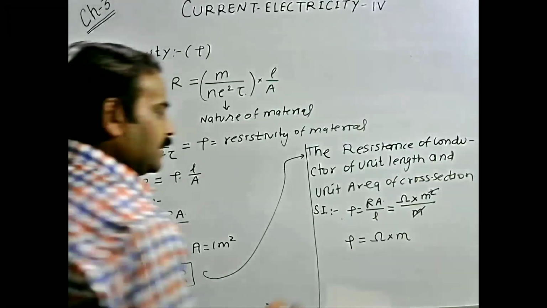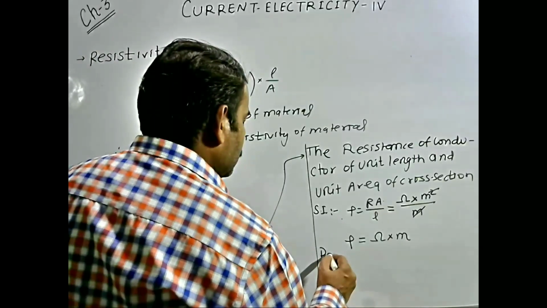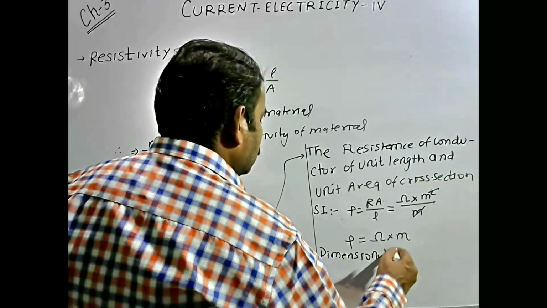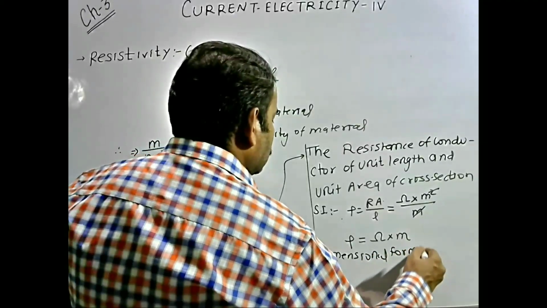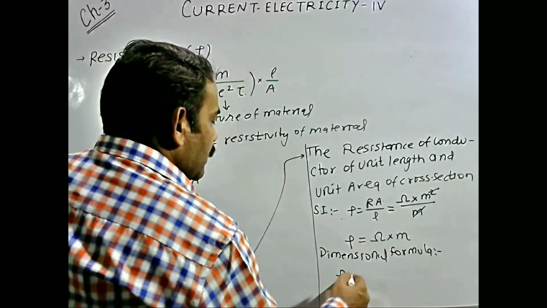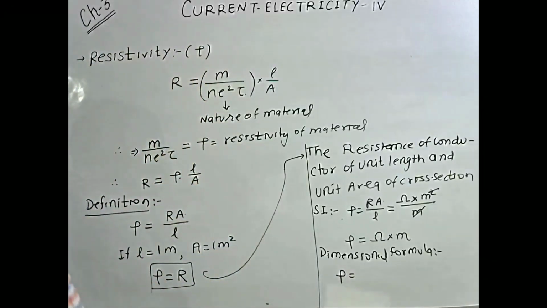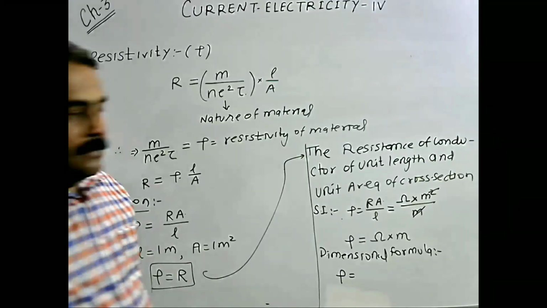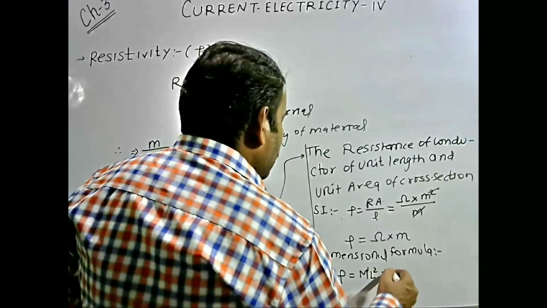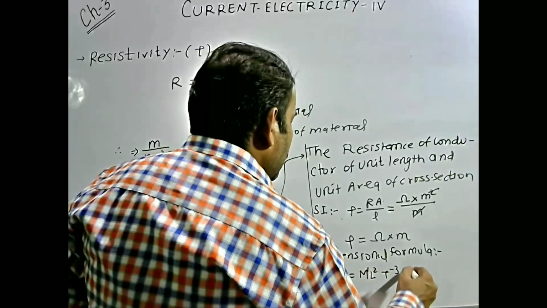As we know, the dimensional formula of R is M1 L square T minus 3 A minus 2.